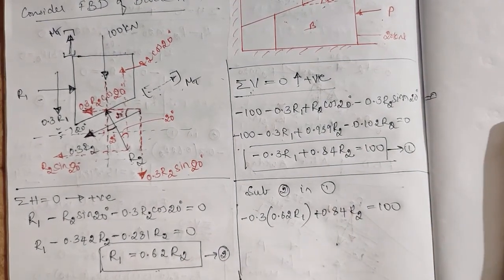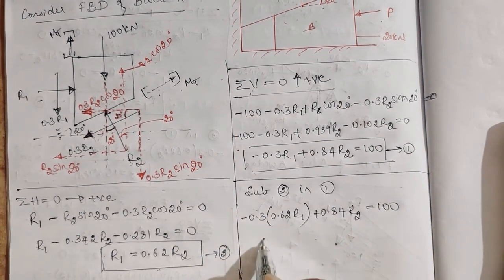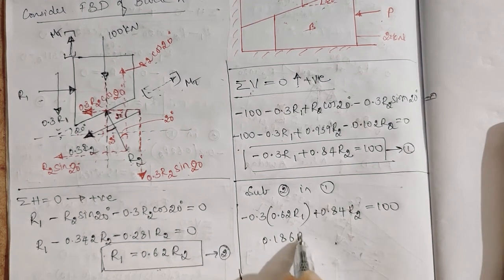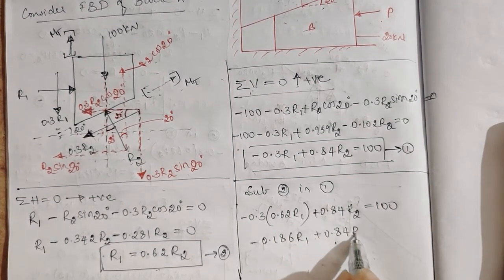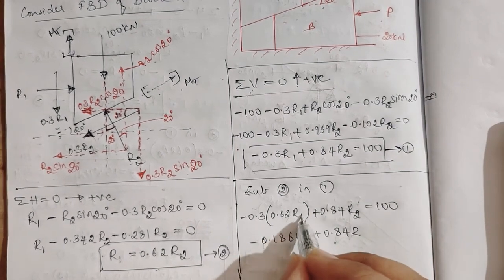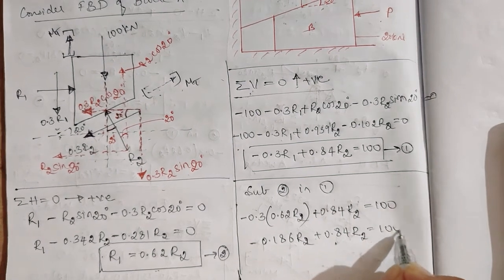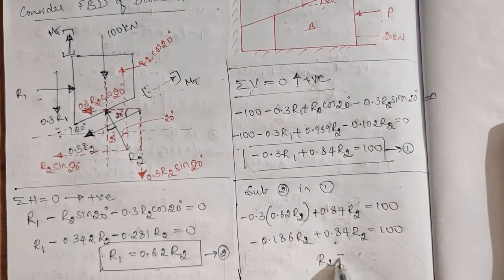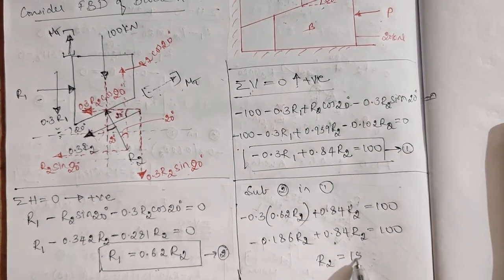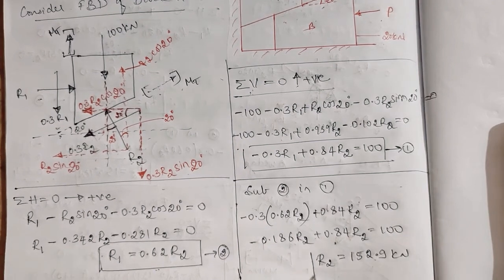So 0.62 into 0.3, 0.186 R1 plus 0.84, so this is R2, right? R2 is equal to 100. Therefore your R2 will be 152.9 kilonewton.